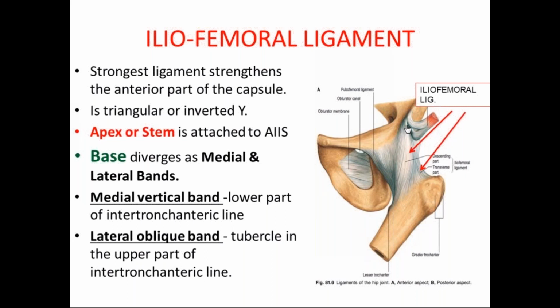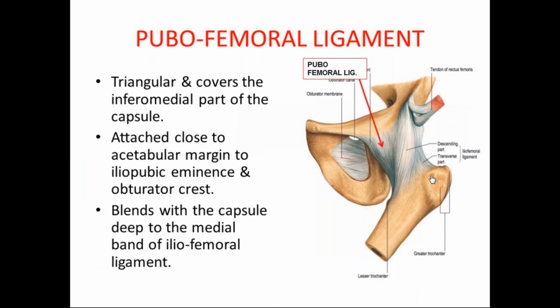The apex or stem gains attachment to the lower part of anterior inferior iliac spine, and the base gains attachment to the intertrochanteric line. The base diverges as a medial vertical band and the lateral oblique band. The medial vertical band gains attachment to the lower part of the intertrochanteric line, whereas the lateral oblique band gains attachment to the tubercle in the upper part of the intertrochanteric line.